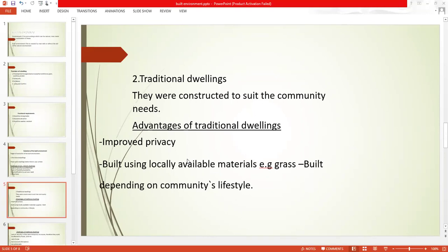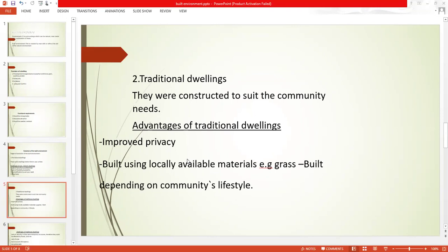Then we go to number 2, we have traditional dwellings. They were constructed to suit the community needs. So traditional dwellings are like manyatas, those grass houses, makutis, and so on and so forth. Then we have advantages of traditional dwellings.